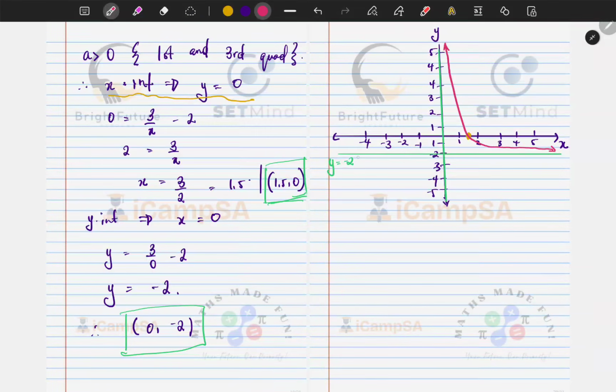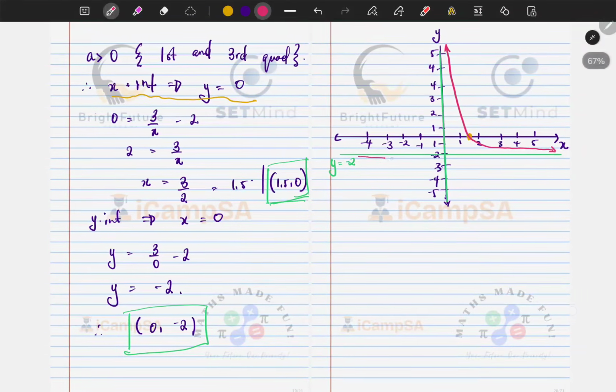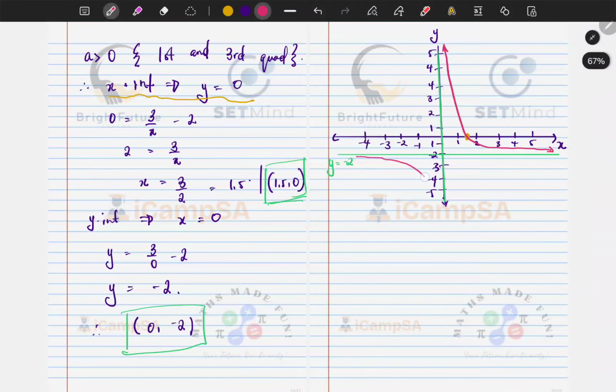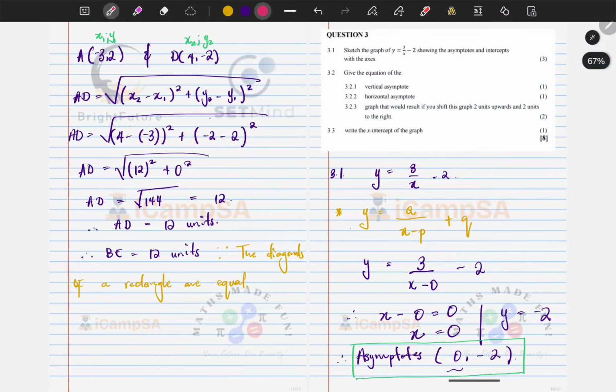And then the other one will just be like this. Right, so here you would have drawn your graph, which you can just call your y, and this is your graph.